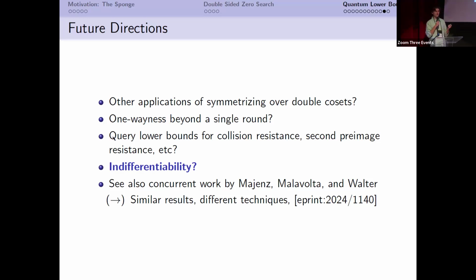We could ask about second preimages. There's an endless list, but maybe the main goal here is showing that the sponge construction is indifferentiable from a random oracle, which, if we had it for the full construction, would give all of these lower bounds that I'm telling you about for free, and say it's as good as a random oracle.